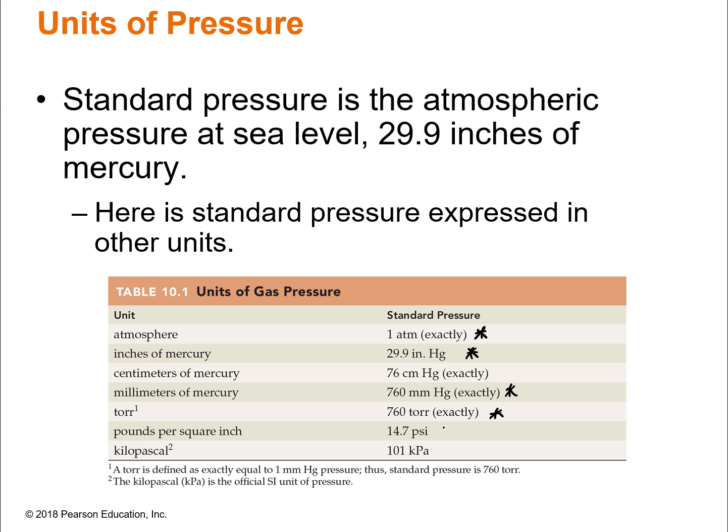If you end up taking physics, then you'll likely see pascals. You may also see PSI. So I just want you to be familiar with those. But again, do not memorize this table. You will get this information. The reason that I'm giving this to you is because we can convert from one unit to another for pressure.